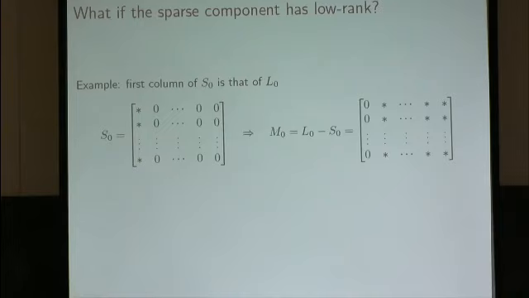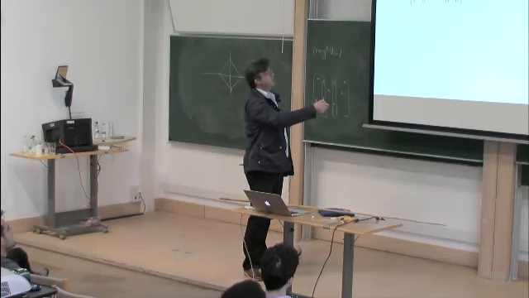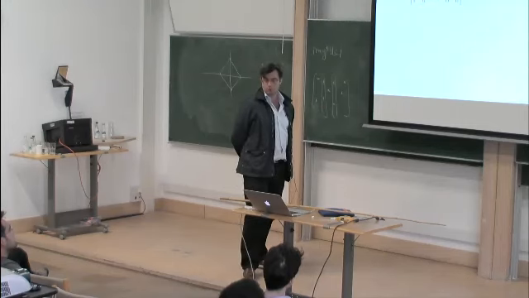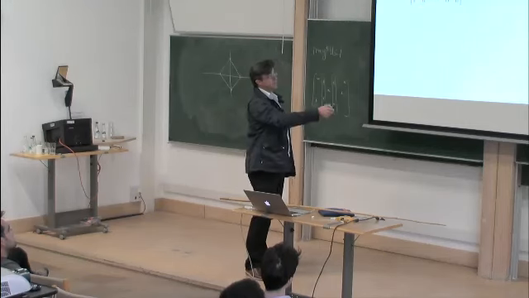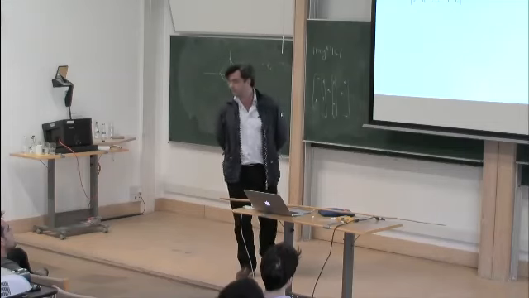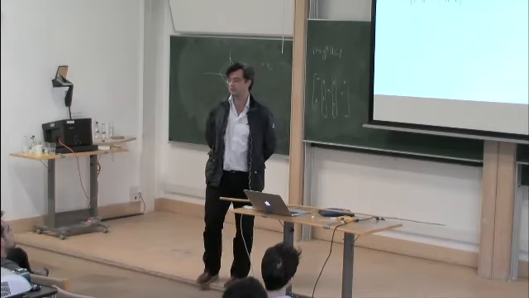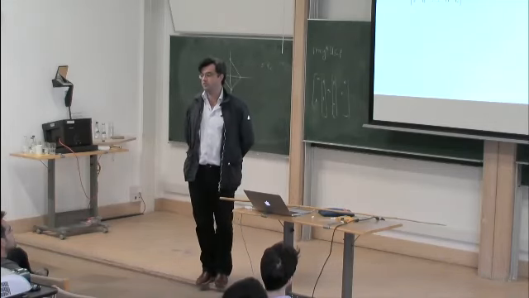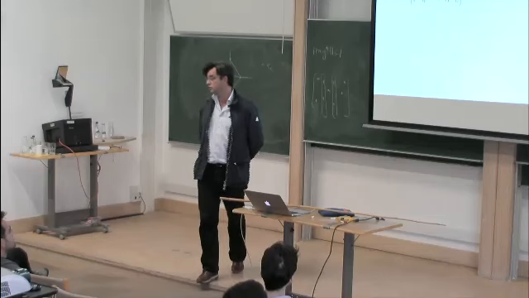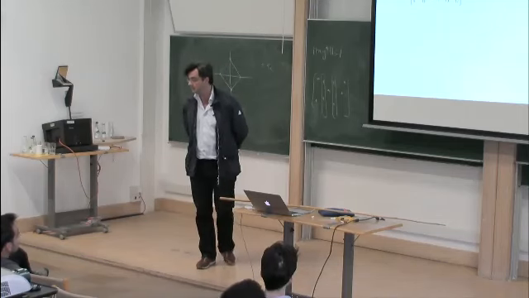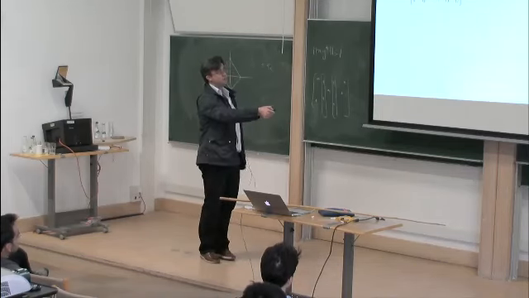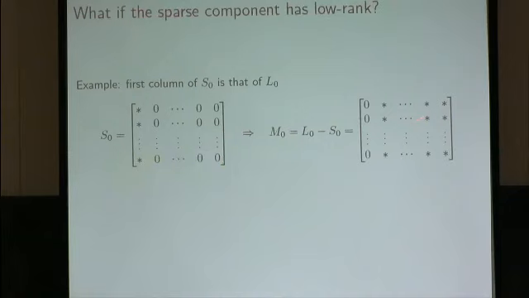So suppose I create a sparse matrix which looks at all the entries in the low rank component you prepared, and I'm just going to send you the difference. So what I've done is I've carefully erased all the information in the first column. I've reduced the rank, at least I did not increase it. And so I ask you to recover the sparse component. It's not going to be possible.